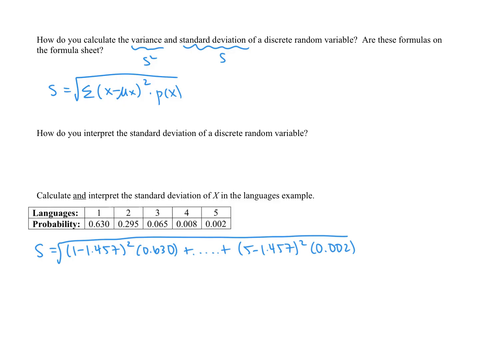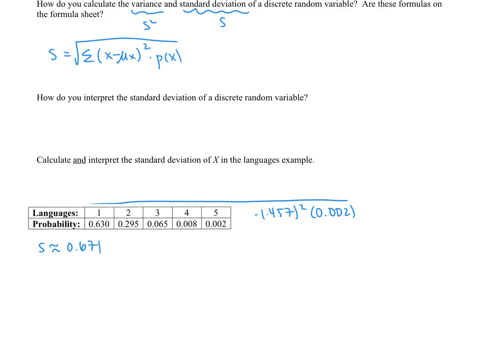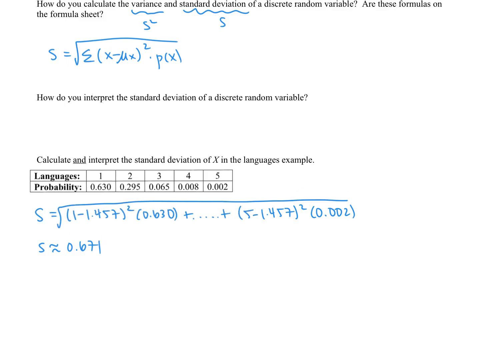If the calculator does not give you S, you're going to use sigma. It's still a sample, so we're still going to say it's S, even though that's not what the calculator is showing. Okay. Is this on the formula sheet? Yes.